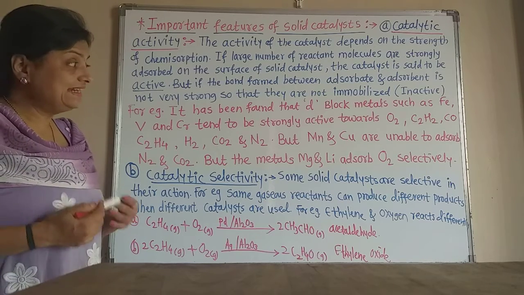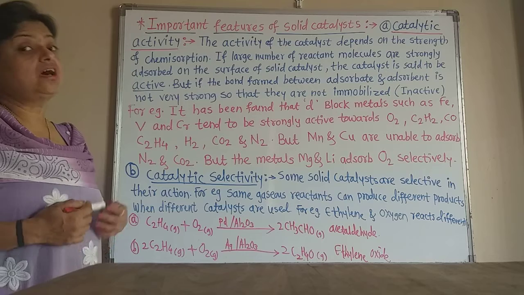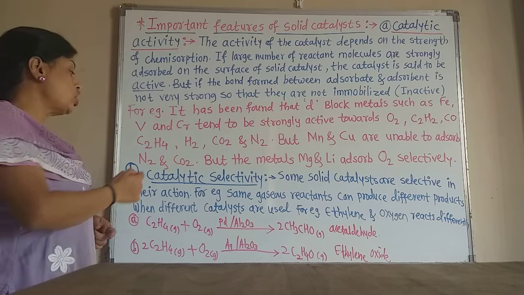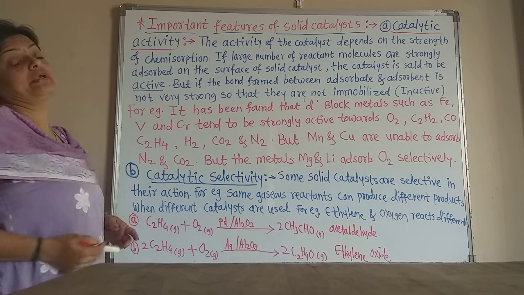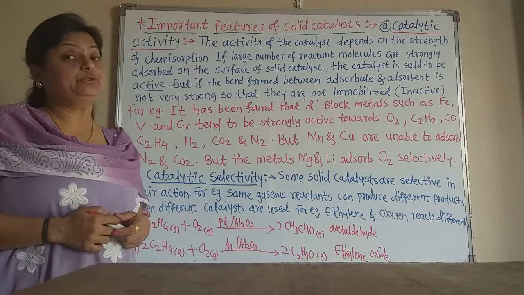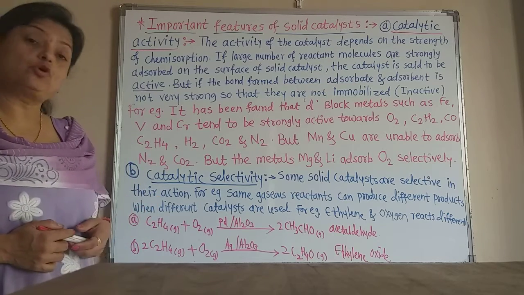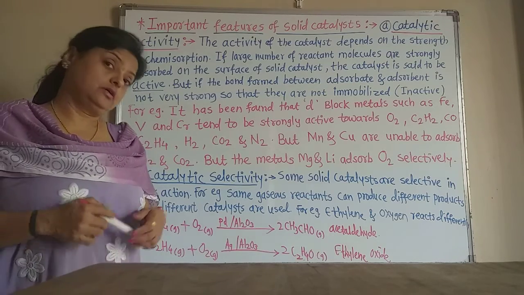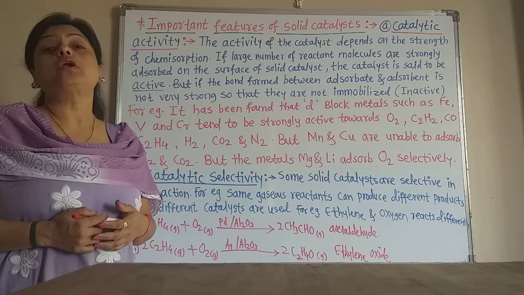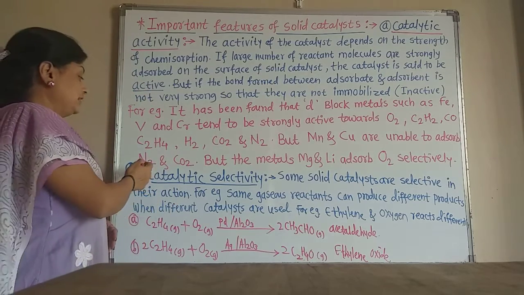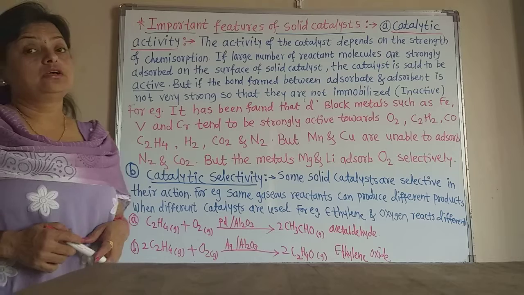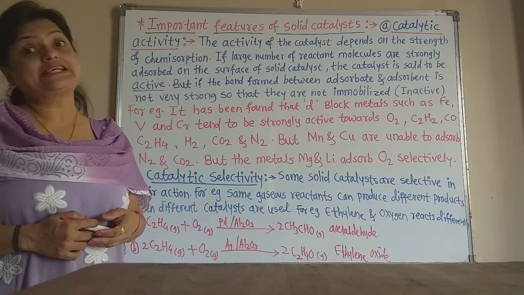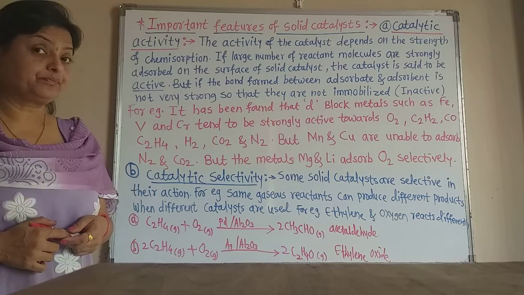But manganese and copper are unable to adsorb nitrogen and carbon dioxide. That means they are inactive. They do not form a strong bond, or these gases, nitrogen and carbon dioxide, do not strongly adsorb on the surface of manganese and copper.